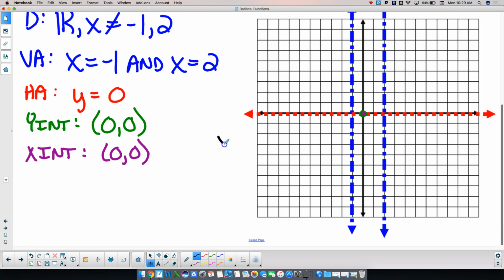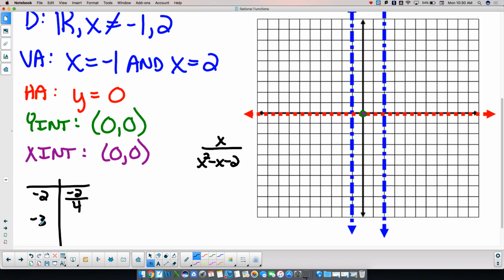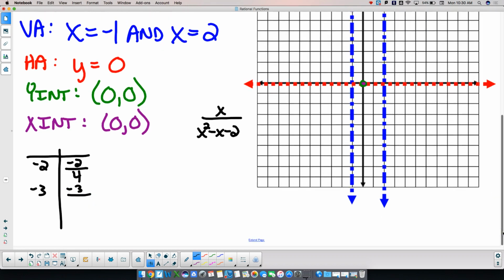So it was x over x squared minus x minus 2. So if I went -2, that's going to be -2 over -2 squared is 4, minus -2 is 6, minus 2 is back to 4. -3 is going to be -3 over 9 minus -3 is 12, minus 2 is 10.